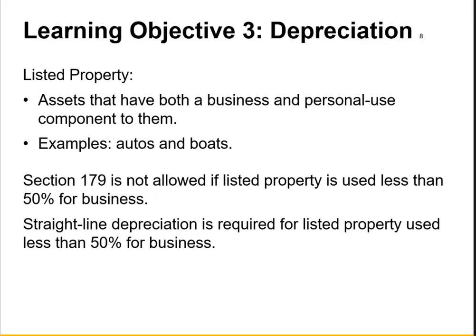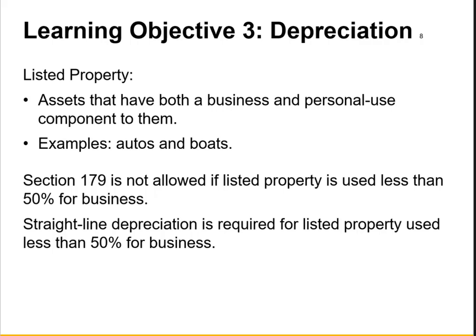So those types of assets have to be listed separately when we calculate depreciation. We have to give the IRS a lot more detail about what they are, what they cost, how we use them, than regular assets. Therefore, they're called listed property. Some of the restrictions are you cannot use Section 179 if the property is used less than 50% for business.